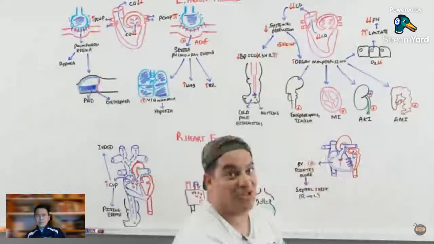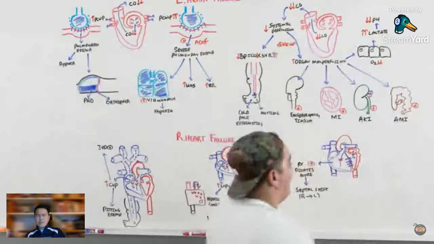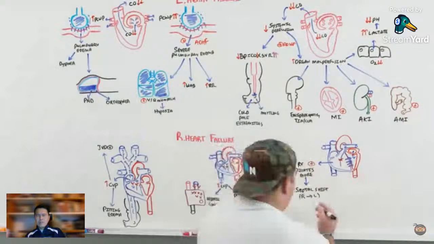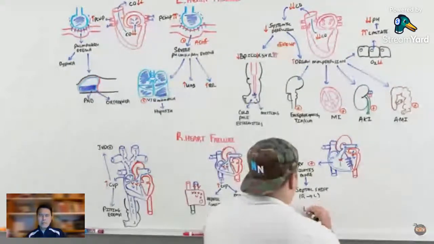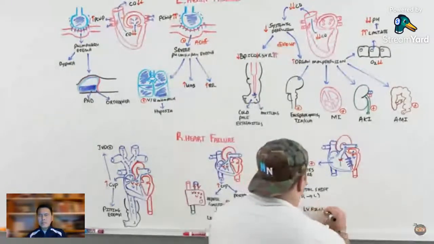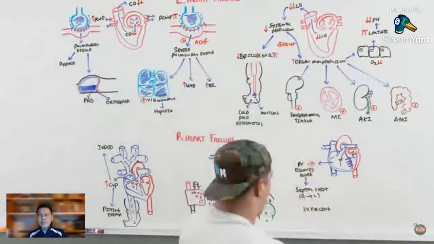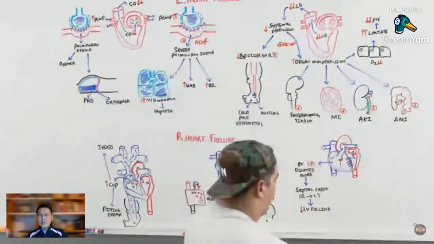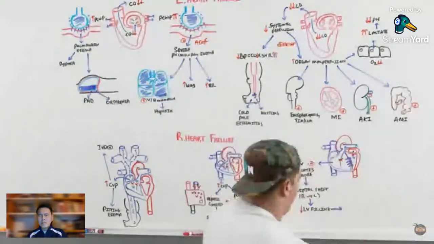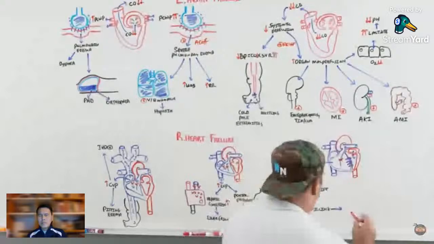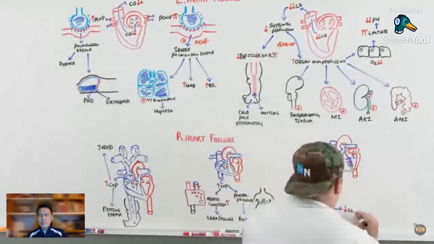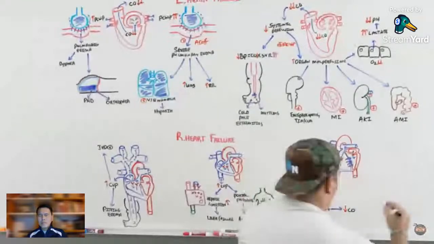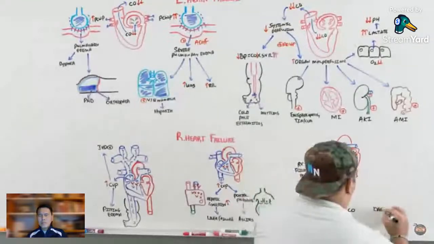If it can't fill with blood, what happens to the left ventricular cardiac output? It drops. So now you have a septal shift, and that's going to cause a decrease in left ventricular filling. If you decrease the left ventricular filling, that is going to decrease the left ventricular cardiac output. And if you decrease the left ventricular cardiac output, oh, son of a gun, that potentially leads to systemic malperfusion, and then, if we go on further, cardiogenic shock.